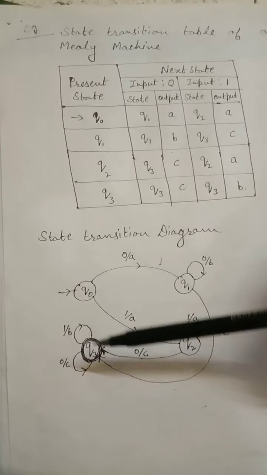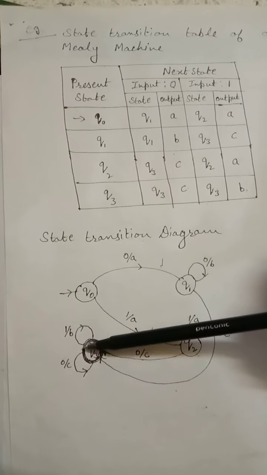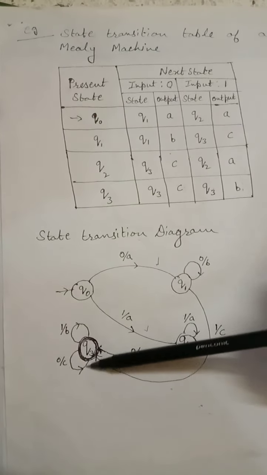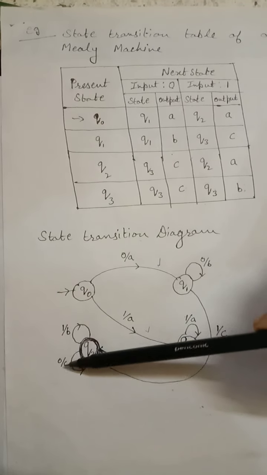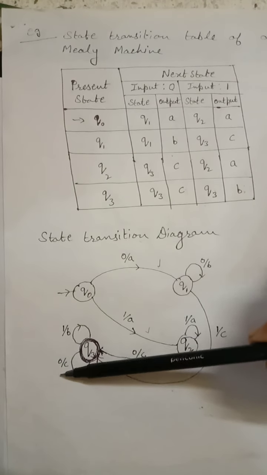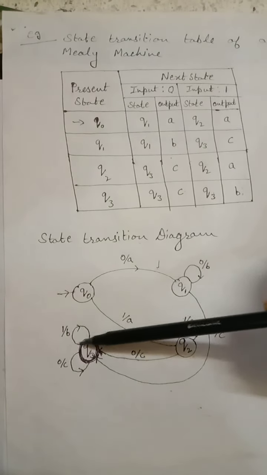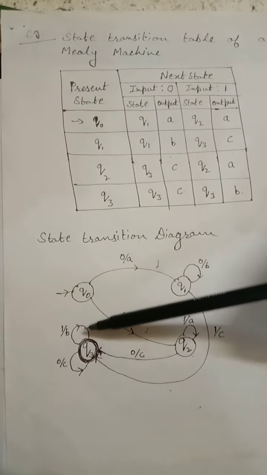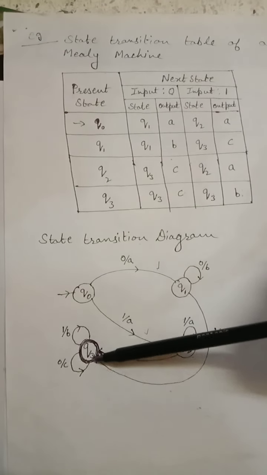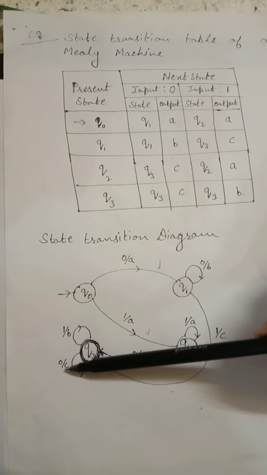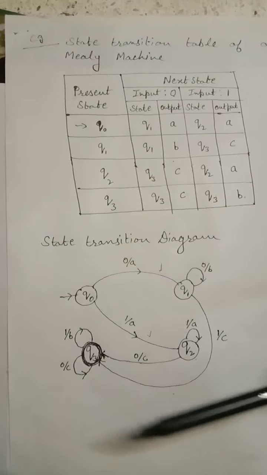You don't need to draw two loops here. We can draw only a single loop and write both 0 by C and 1 by B on it. I have drawn two already, so it's okay.